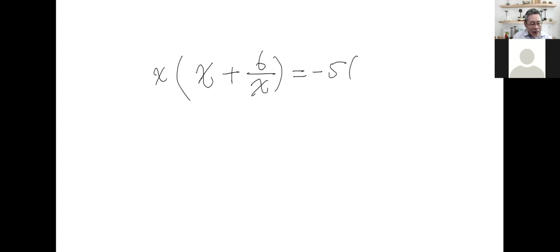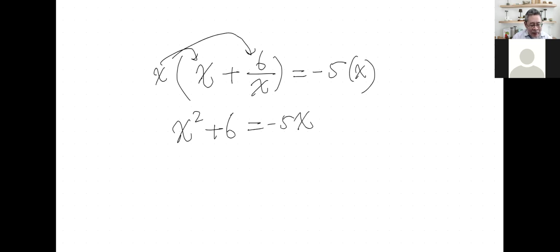And what we got here, this time that x squared, and this time that just gave us 6, and negative 5x. Then add 5x on both sides. We got x squared plus 5x plus 6 equal to 0. Yep, are we good here?